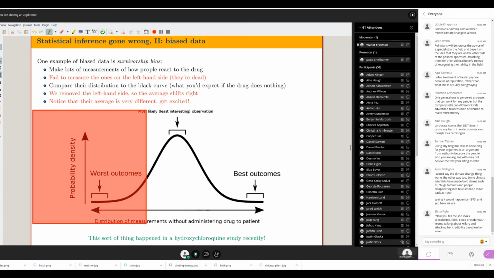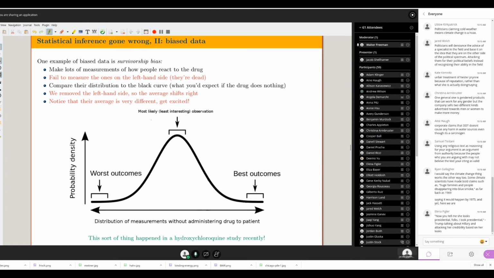So if all of these people over here are not in the sample because they're dead, right? Then what you're left with is something that looks like an average that has shifted to the right, that has shifted toward better outcomes because you weren't able to put the bad outcomes in your study because they have died.